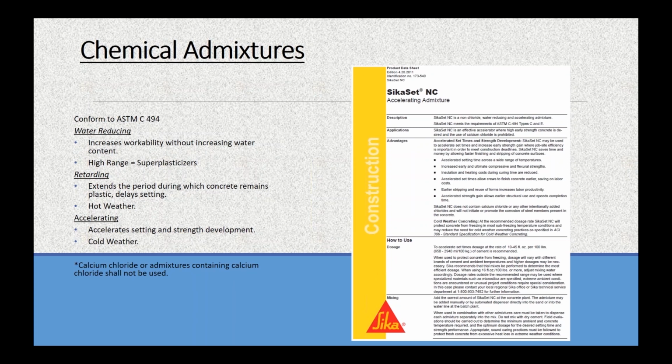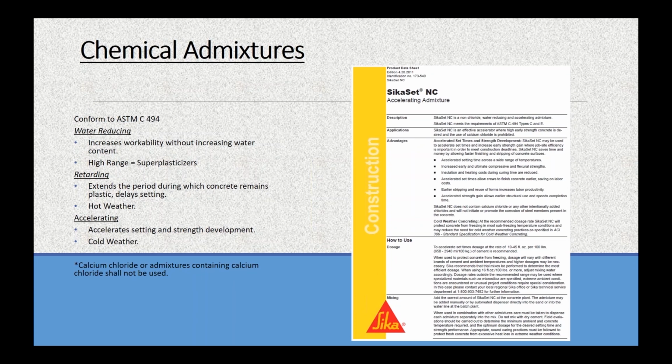The other type are the accelerating admixtures. These basically work the opposite. You're looking at accelerating the setting time and the strength development. And where these are going to come into play are during cold weather situations where you need to speed up that concrete setting.